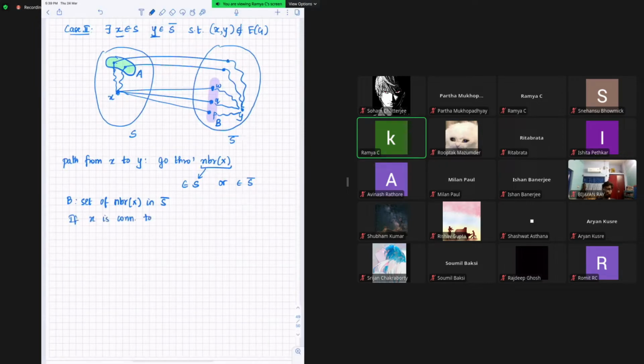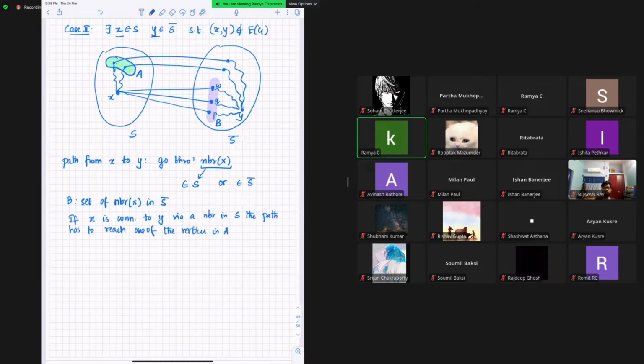If X is connected to Y via a neighbor in S, then the path has to reach one of the vertices in A and then get out. So either it has to reach the vertices in A or it has to reach the vertices in B.